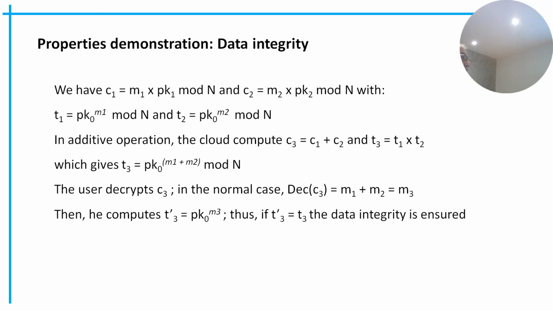The additive operation computes C3 and T3 based on C1, C2 and T1, T2 respectively, which gives us T3 equal to PK0 to the M1 plus M2 mod N. The user decrypts C3 in the normal case, then he computes T3 estimated, and if T3 estimated is equal to T3, the data integrity is assured.